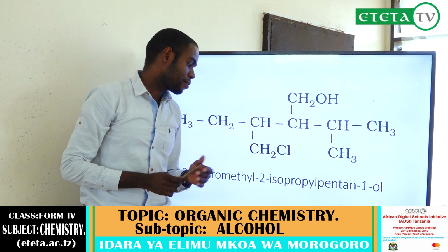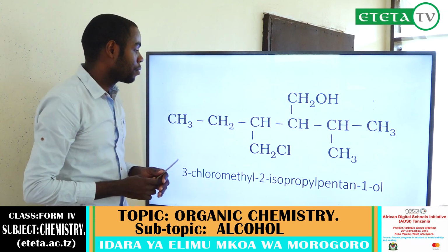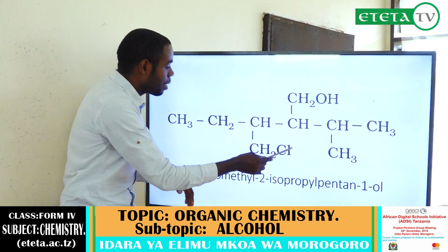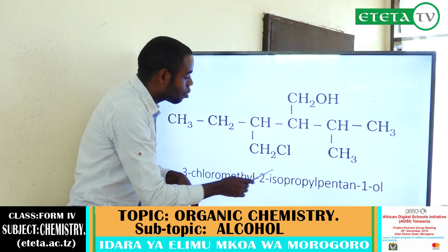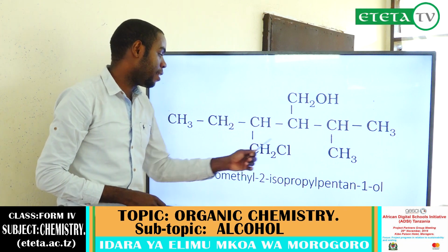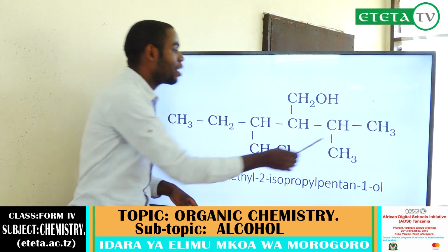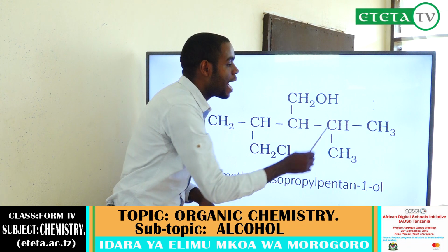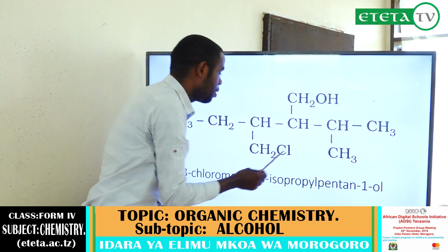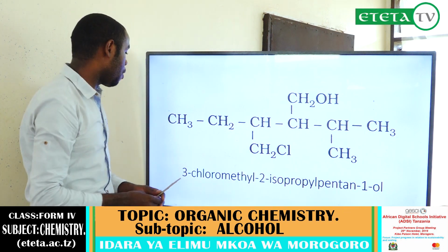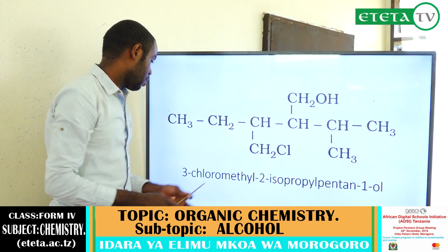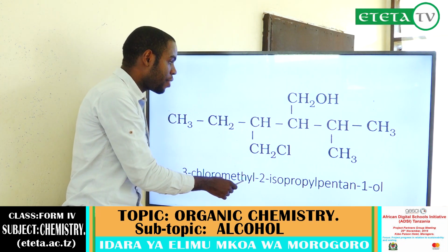At this point, what follows is to name the substituent groups. The first substituent group is called chloromethyl. The second one is called isopropyl. The chloromethyl is on the third carbon, so it is 3-chloromethyl.